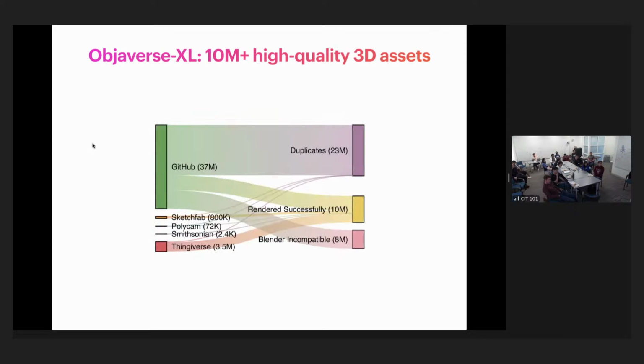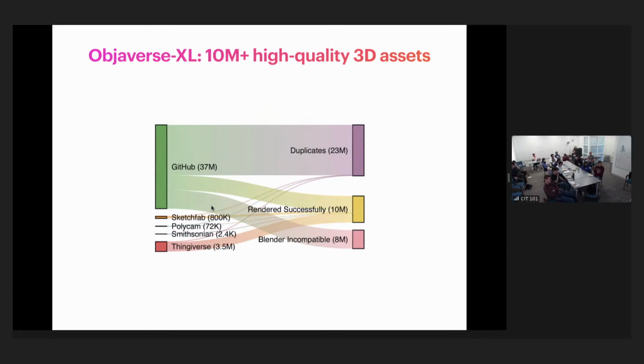To break things down a little bit, as you can see, most of the assets come from GitHub, and almost half of them are duplicates. People uploaded the same assets to different places, so we have to get rid of those. Then of the remaining ones, less than half can be converted to be rendered in the Blender engine, so we throw those away too.